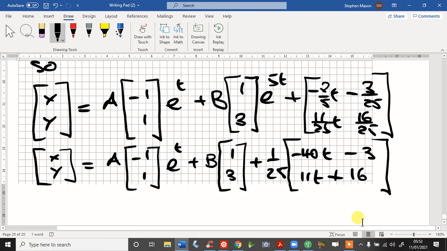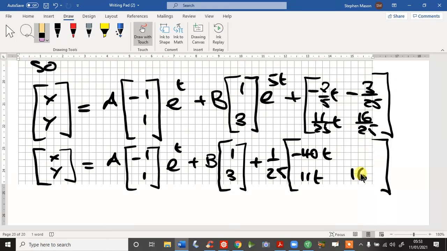And in fact, this could have been written as, I forgot the plus there as well.